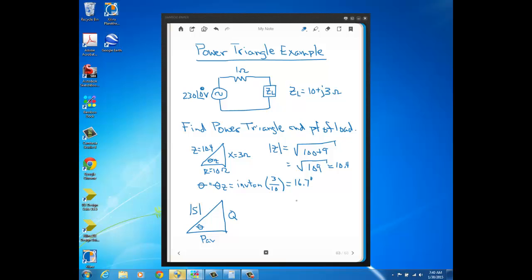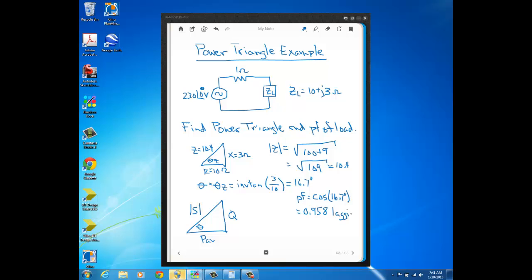Alright, and then power factor, which is one of the things that we'd like to find here. Well, power factor of the load would just be cosine of that angle. So cosine of 16.7 degrees comes out to 0.958, and then it's lagging since this is a positive j, that's inductive, and inductive power factors are called lagging power factors.